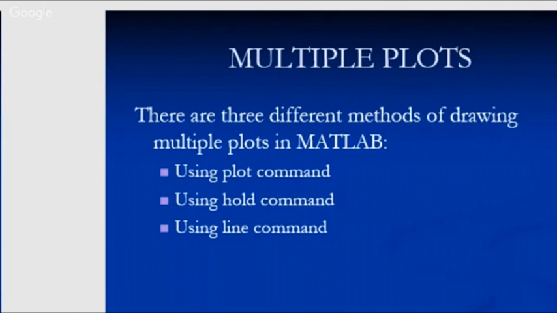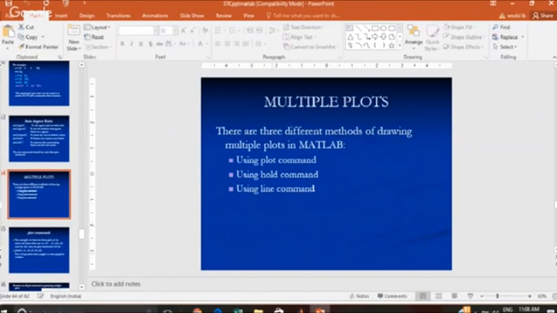Then it will plot the multiple plots in that itself. So that is one way to write the plot command. Hold is you write plot x comma y, hold on, then give plot x1 comma y1. Then what it does, then hold off, then automatically both will come in that. Then using the line command also you can draw multiple things. So that we will see step by step now.